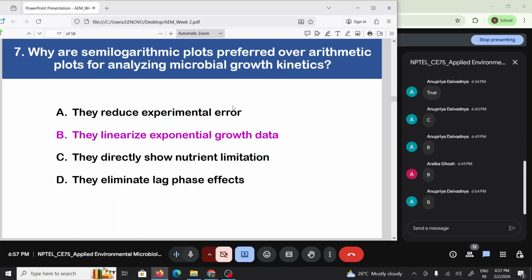That is why we use semi-logarithmic plots to display microbial growth kinetics. It does not show nutrient limitations, or eliminate the lag phase. It just linearizes the exponential growth data and makes it very obvious for interpretation and analysis.